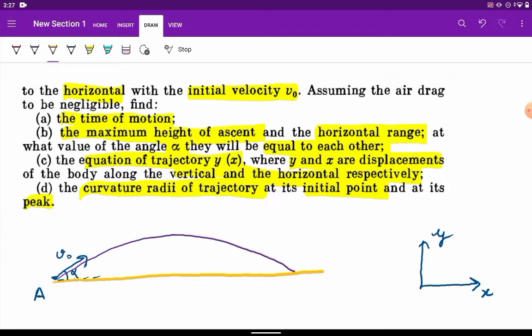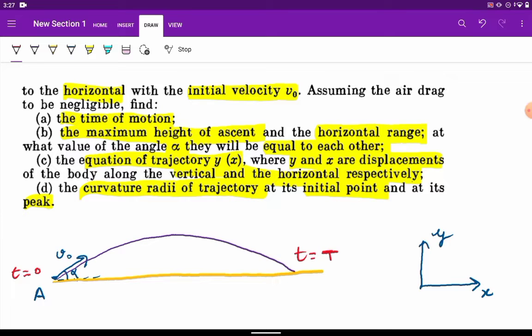When it hits the surface again, this is at t equal to 0, of course, and this is at t equal to capital T, where capital T is the time of motion. So first we need to find that capital T.